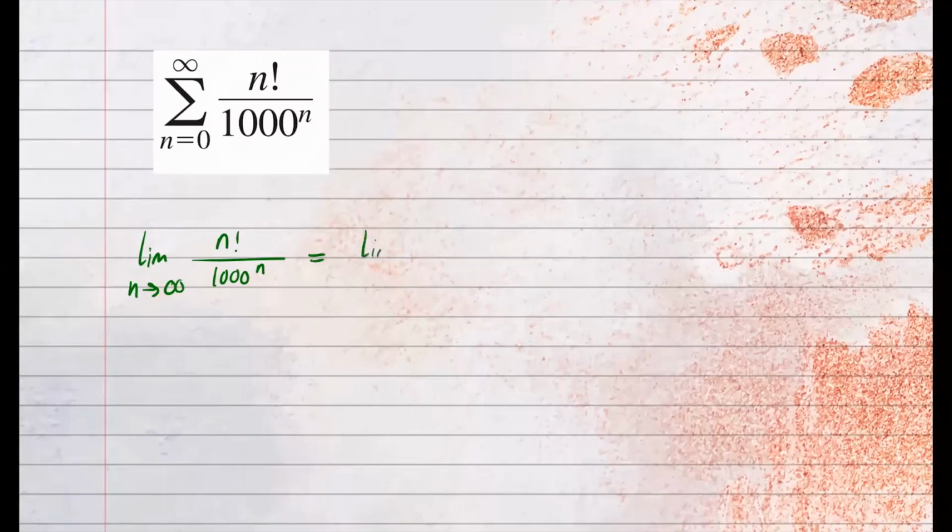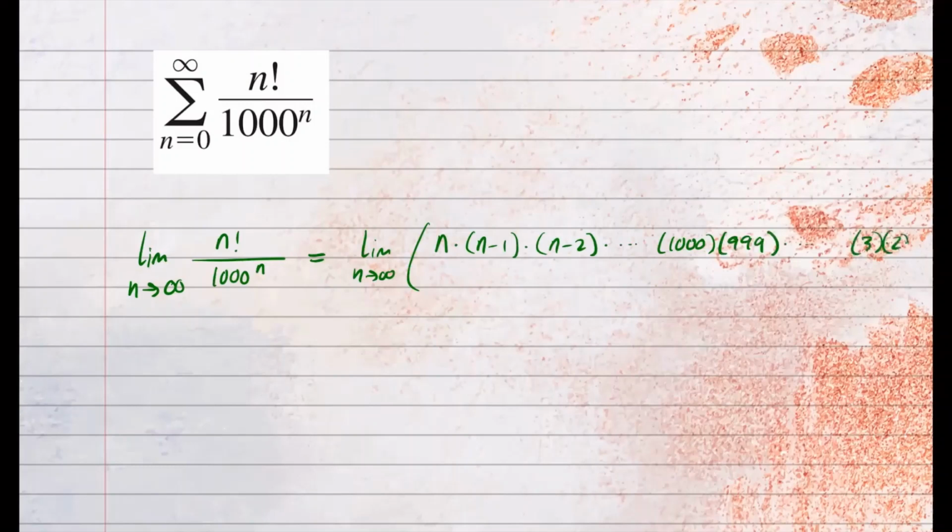So I take the limit as n gets larger of n factorial, that's n times n minus 1 times n minus 2, times all the way, just keep on going. And then you'll have 1000 times less than that, so that's 999 times, just keep on going. And then the last three terms will be 3 times 2 times 1. So that's what n factorial is.